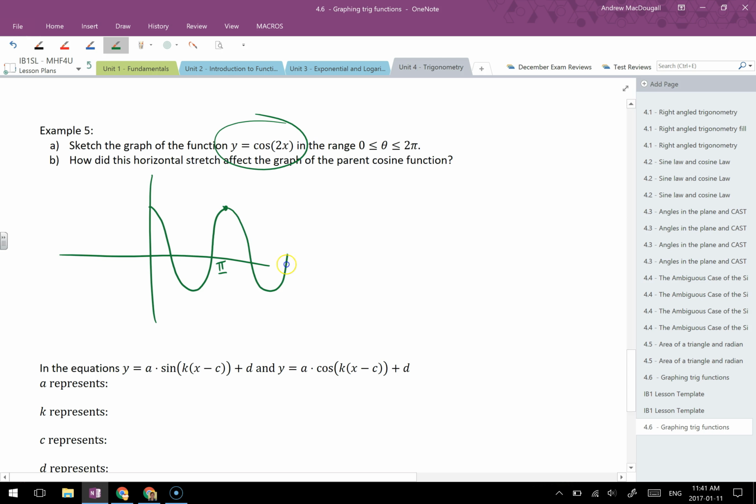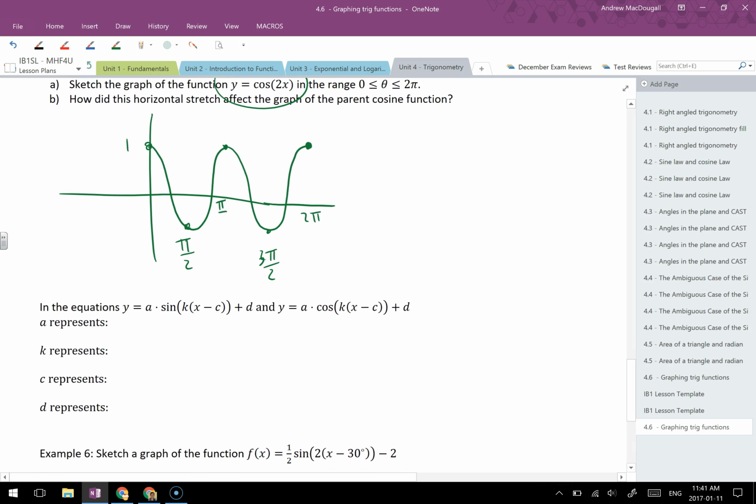And so we can go another pi all the way to 2 pi. And we'll get 2 periods in. These values are still 1. This is pi, this is still pi over 2, and this is 3 pi over 2. So the horizontal stretch of a half means you can get twice as many periods in between 0 and 2 pi.